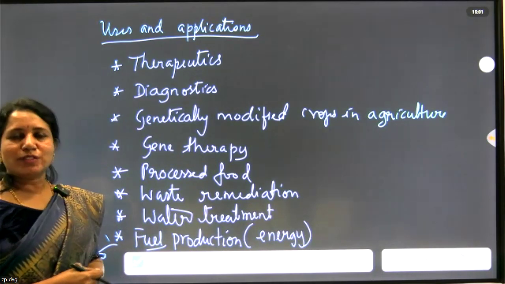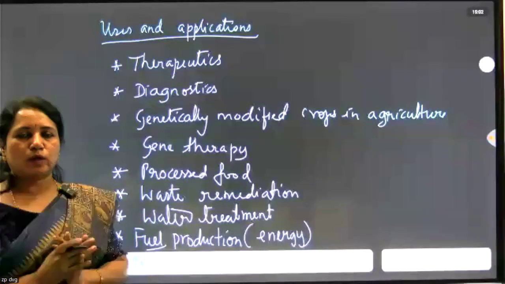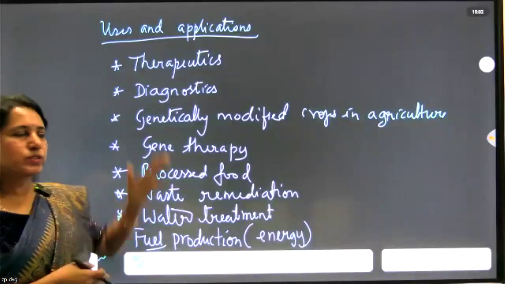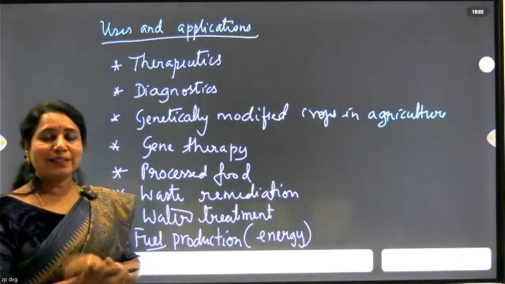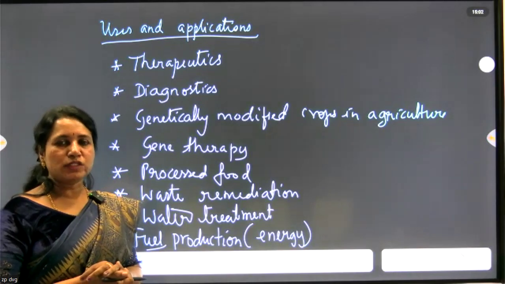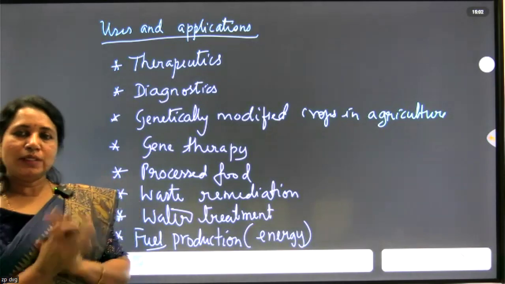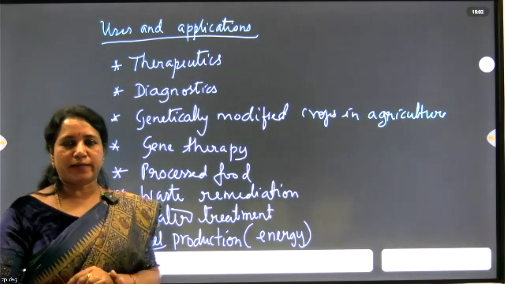So these are the uses or applications of biotechnology where the techniques of biotechnology or rDNA technology are used in all these areas. So let us see what are the three critical areas in biotechnology. First of all, in the biotechnology techniques, they concentrate on providing the best catalyst.